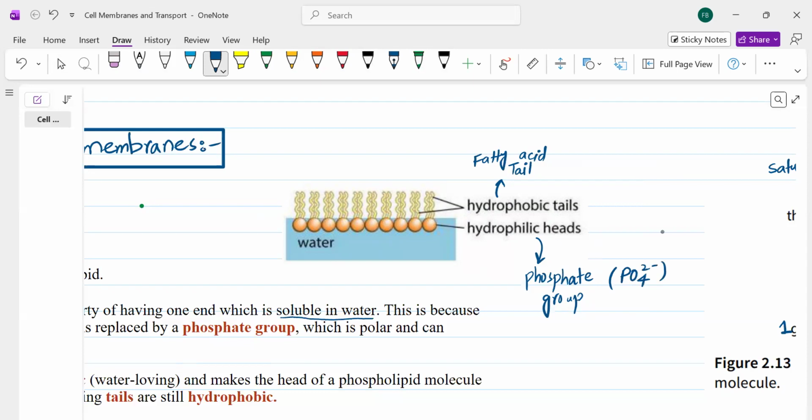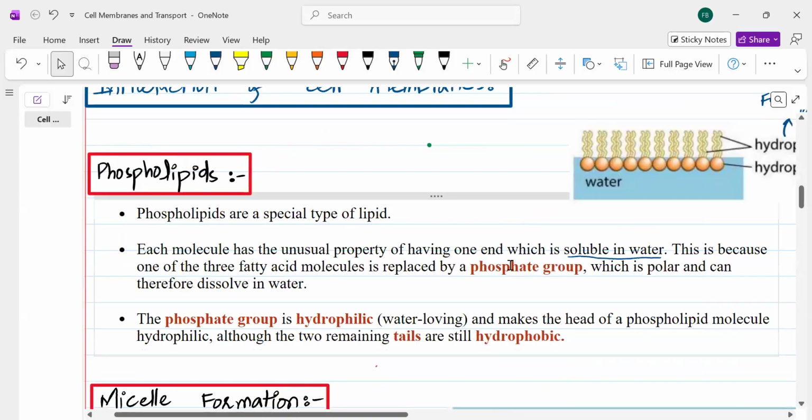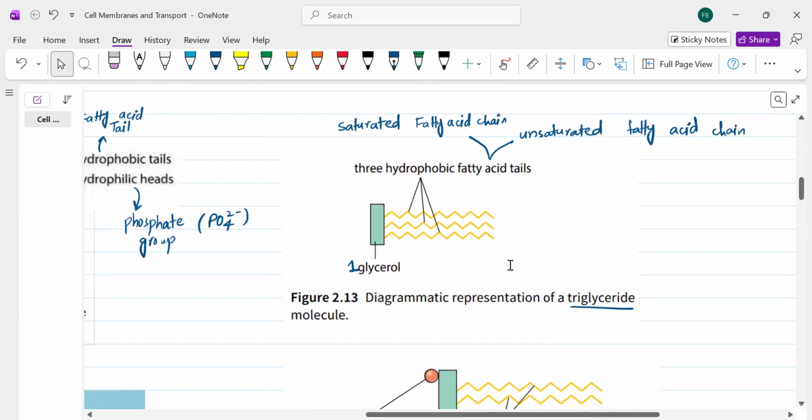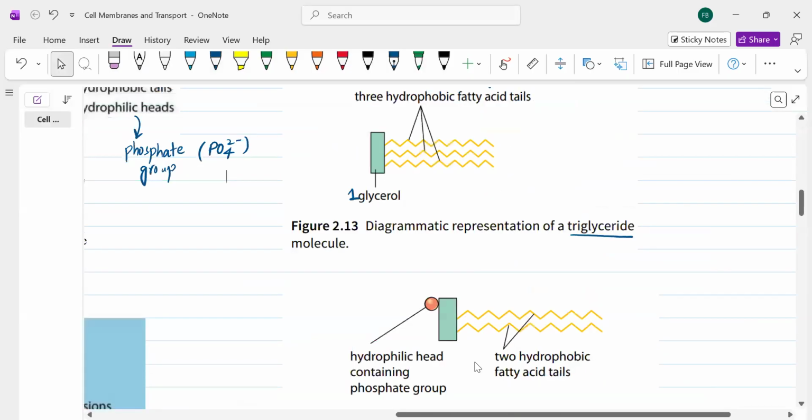Clear? And if I ask you how it is different from a general triglyceride, if you see these two images, this is a triglyceride and this is a phospholipid. How are these two different from each other? One of the fatty acids is replaced by a phosphate group in the phospholipid.